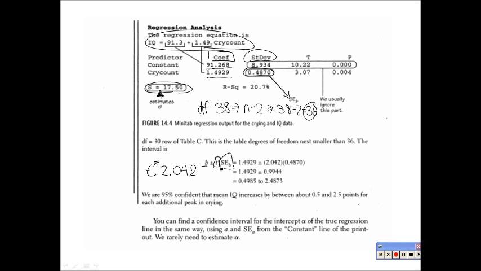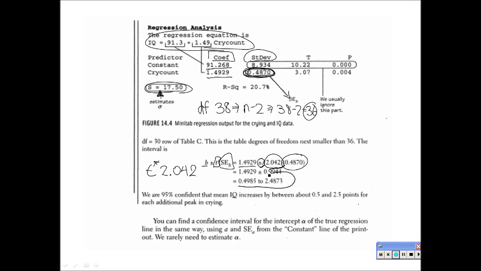The estimated slope b is 1.49 plus or minus the critical value with 36 degrees of freedom times the standard error of b, as we saw was 0.4870.